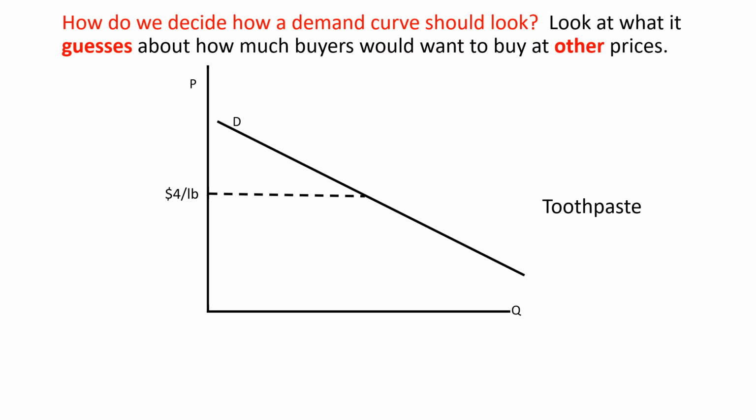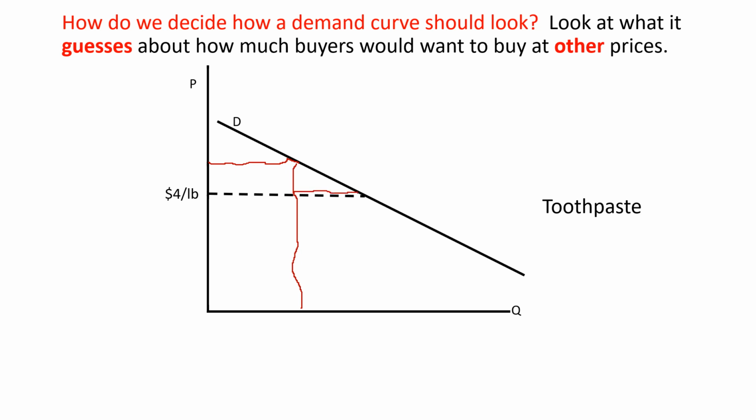How do we decide how a demand curve should look? Well, we could test this demand curve and see if its guesses seem to be reasonable. So suppose we look at a price of $5 a pound instead of $4 a pound. That's 1/4 higher, a 25% higher price. Would that lead Americans to buy this much less toothpaste?